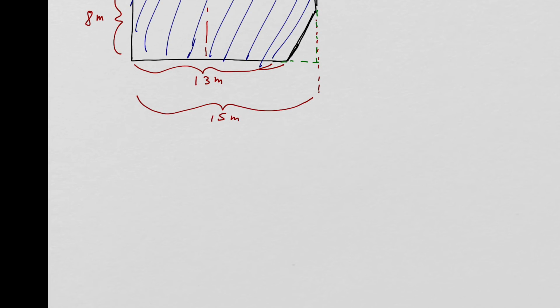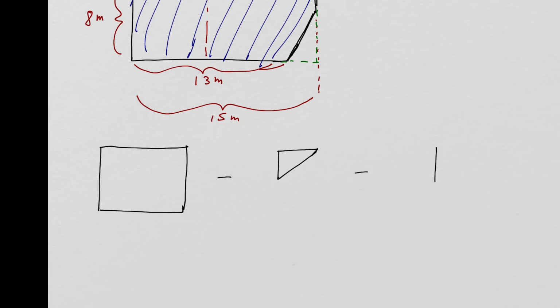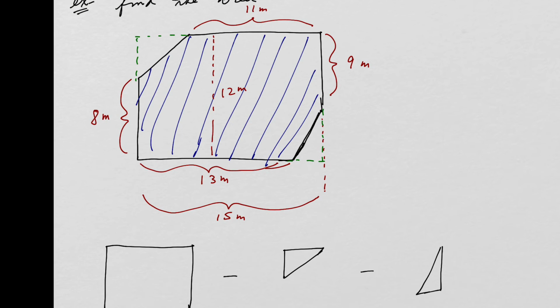If I start with the huge rectangle, that area I can find. If I subtract the area of this upper left triangle, and if I subtract the area of the bottom right triangle, then what I have left must be the blue shaded region.